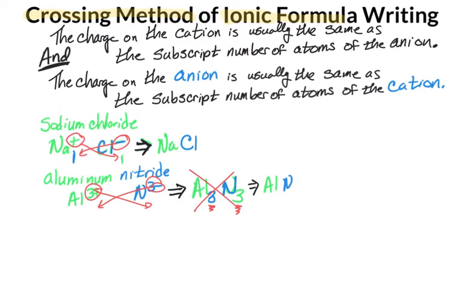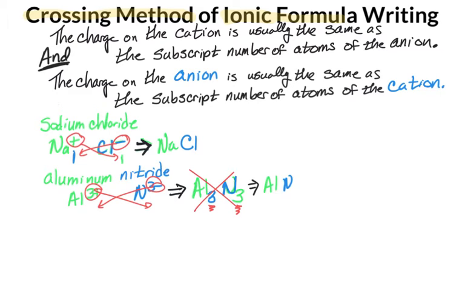Let's try aluminum bisulfite. Again, we classify. We know that it's ionic. We notice that it's a salt. We see that it starts with aluminum, which is a 3+, and then we get bisulfite, which is the formula HSO3 with the charge -1 on the outside of the parentheses. And now let's put that together.